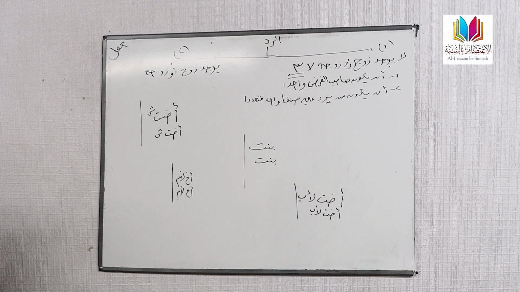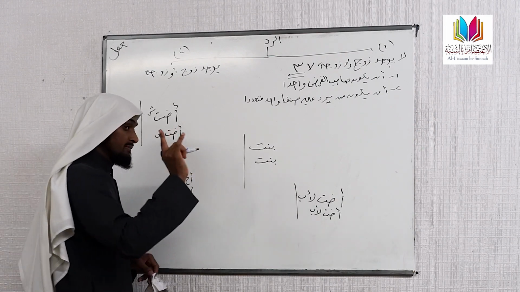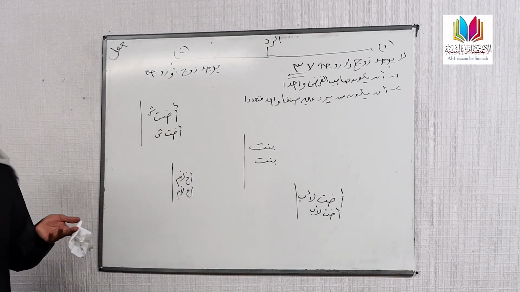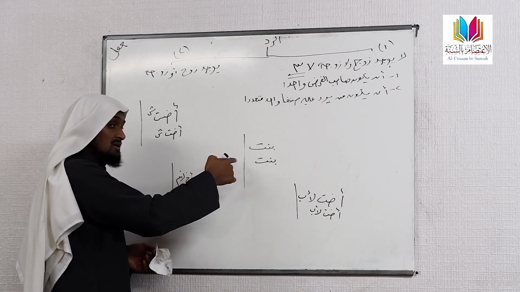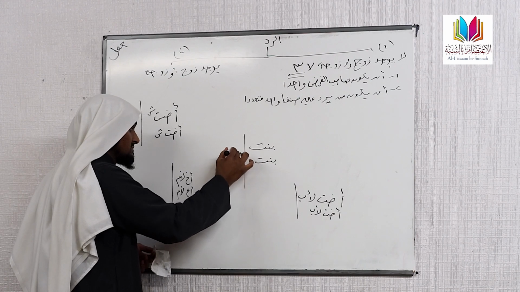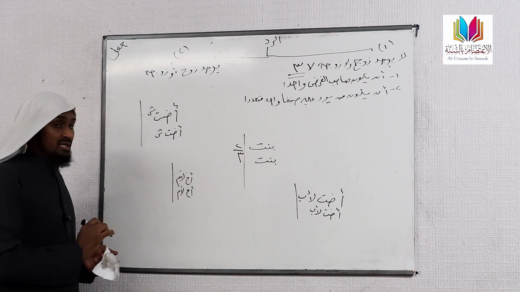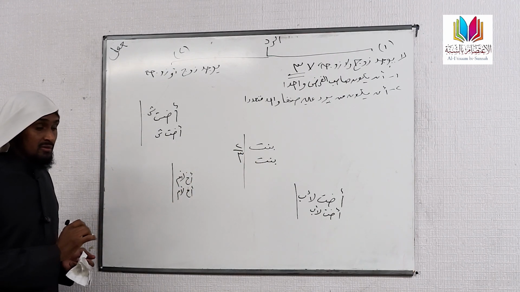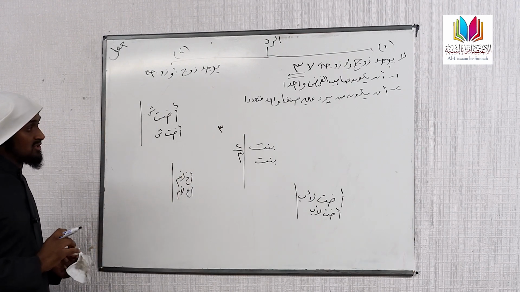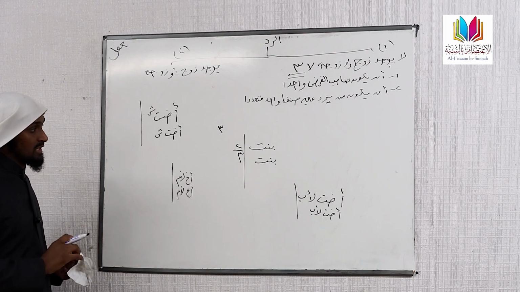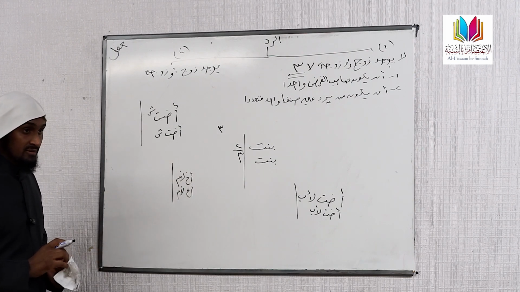In this scenario, what should we do? If we give them, based on what we've learnt so far, we're meant to give them what? 2/3. The asl masala is 3. So that's what they're going to have to share.